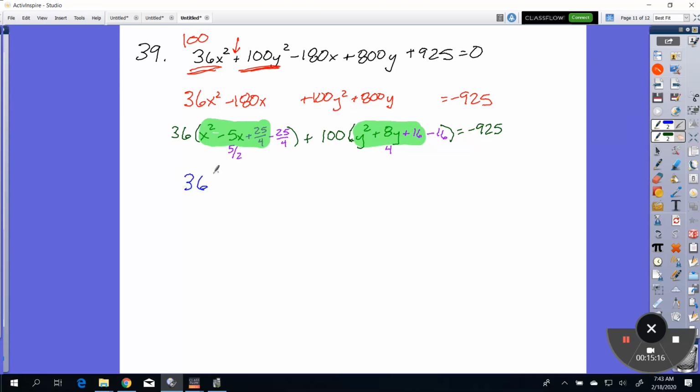I was trying to decide if I should jump one step, but I'll try not to jump steps. So now inside of here, remember this stuff in green, it factors to be x minus 5/2 squared, and we have minus 25/4 still there. And then on the y's, we have the 100, and the stuff in green factors to be y plus 4 squared, and we still have the minus 16 in there.